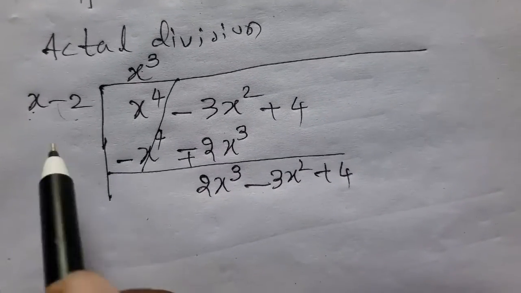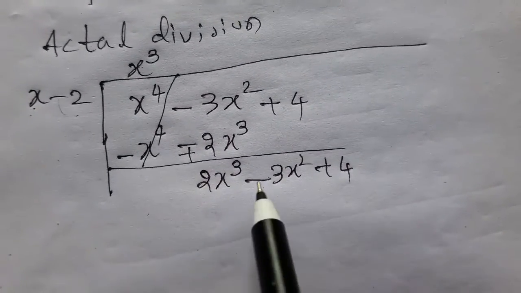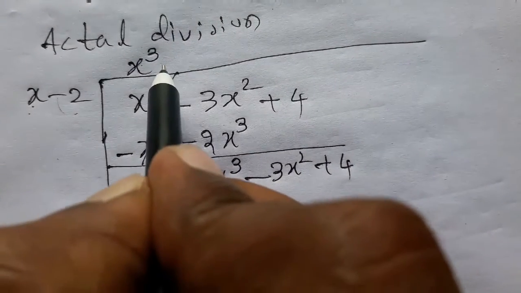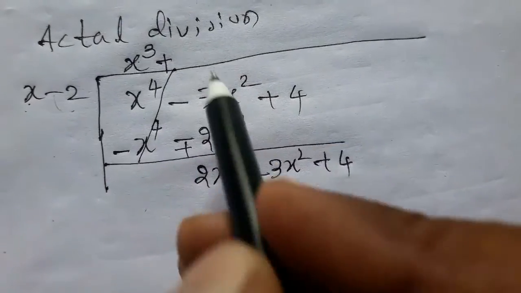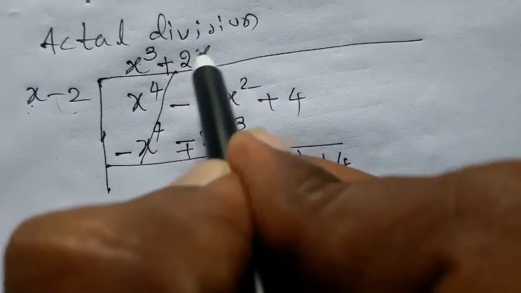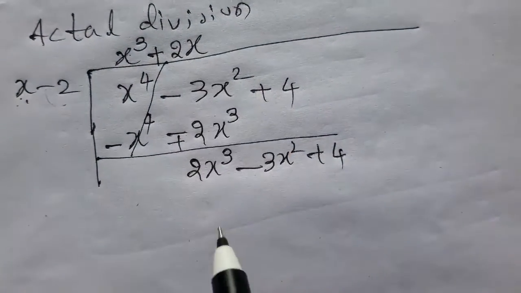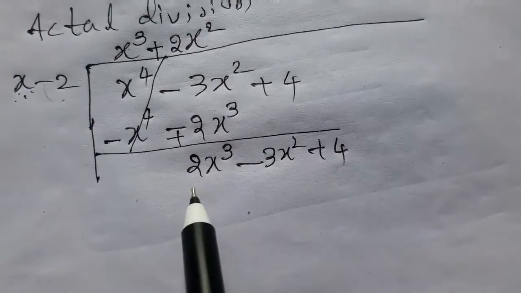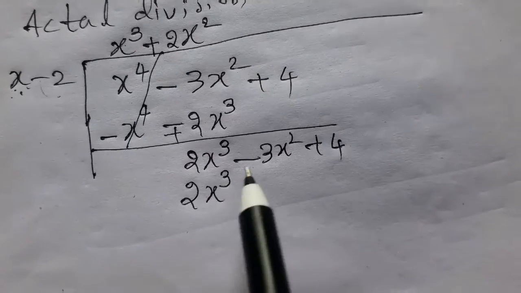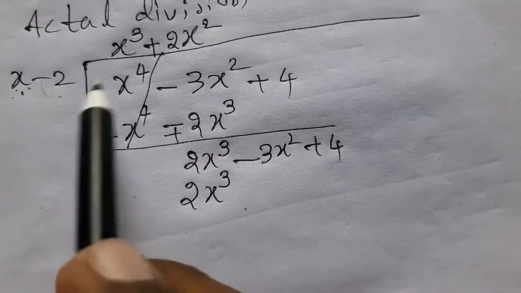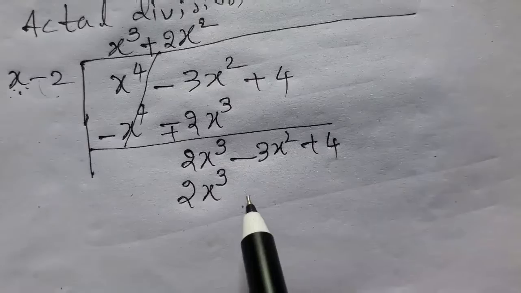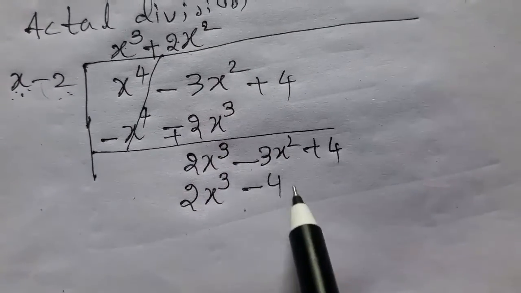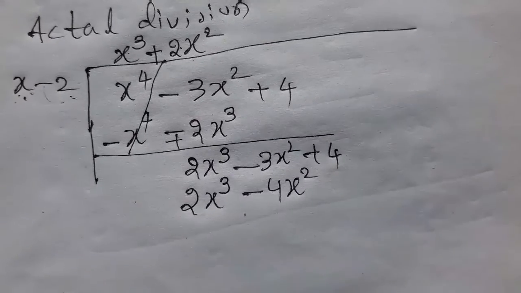Now see, next we want 2x cube. So just put plus 2x square. Now x into 2x square becomes 2x cube. Next, this minus 2 into this. Minus into plus became minus, 2 into 2 is 4, 4 what? x square.